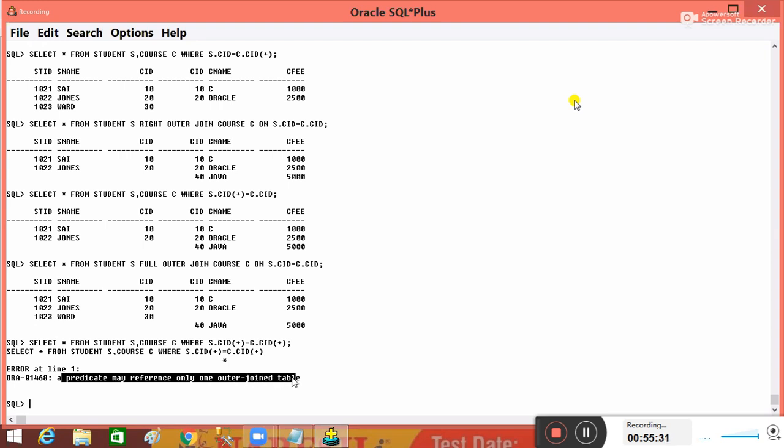That means whatever join operator you predicate, only one side you can predict. Both sides we cannot. Only one side we can. So this is wrong.